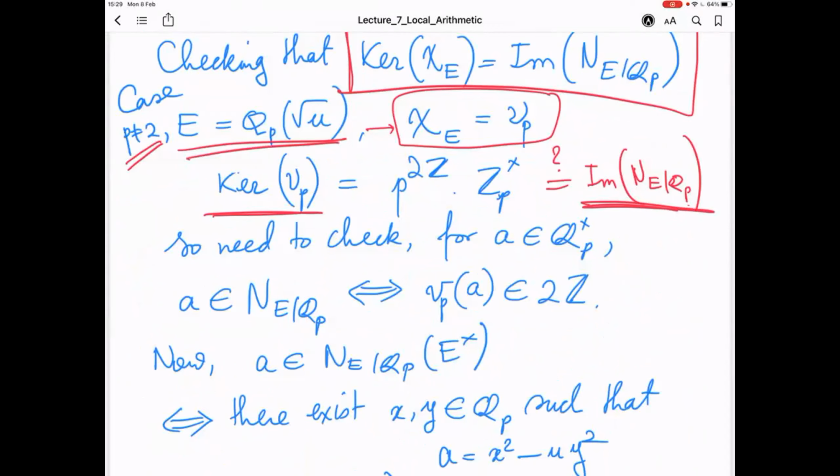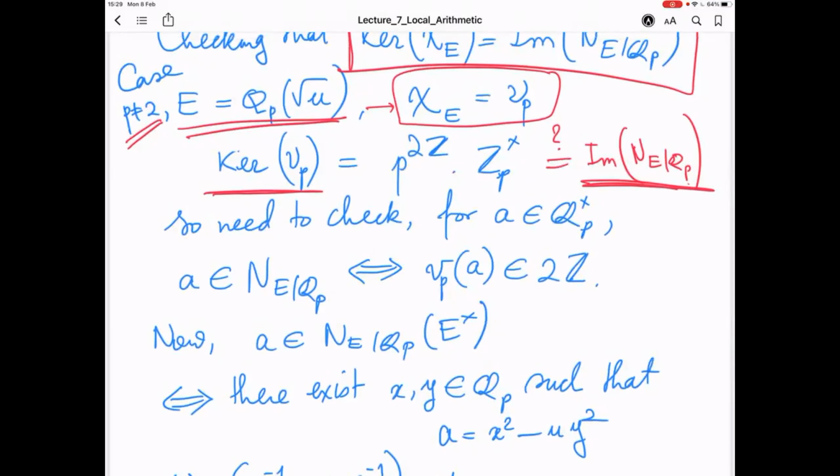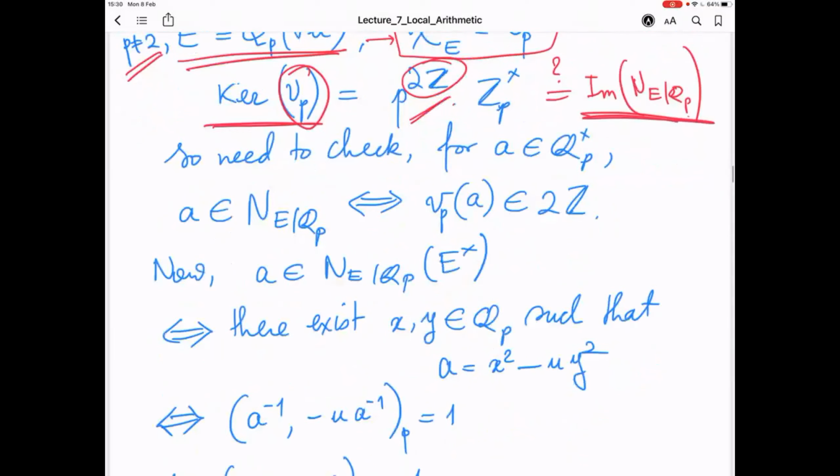Okay. So if you recall what the kernel of ν_p is, the kernel consists precisely of those elements of Q_p star whose valuation is even. That's what the definition of ν_p tells you. Because how was ν_p defined?